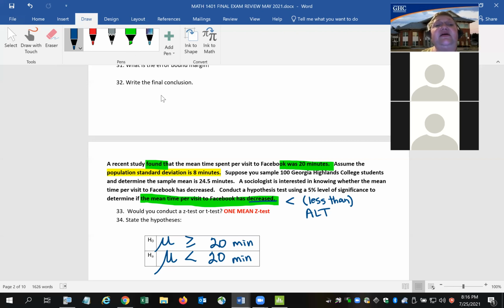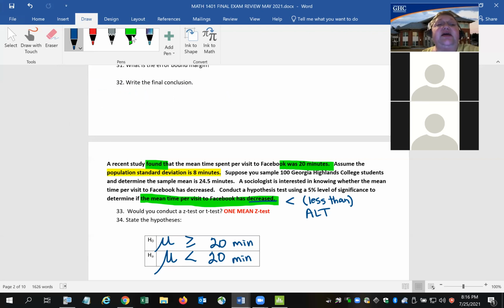I need the sample mean, and in about the third sentence it says very clearly, the sample mean is 24.5 minutes. Guys, don't overthink it. It's usually clearly stated for you, 24.5. It tells us earlier in that same sentence that we sampled 100 Georgia Highlands College students. So my sample size is 100.